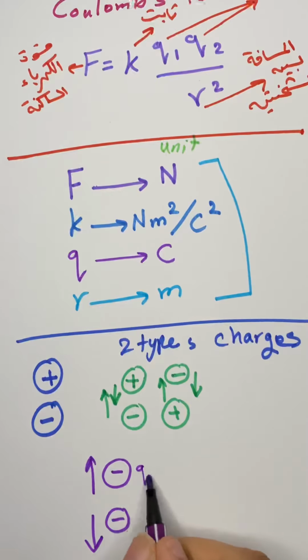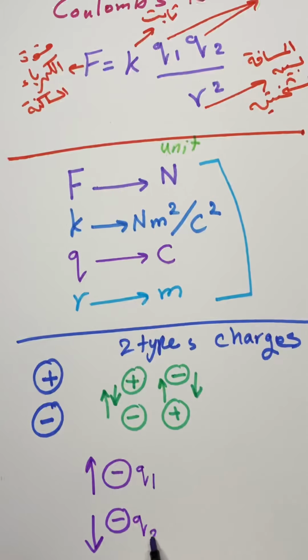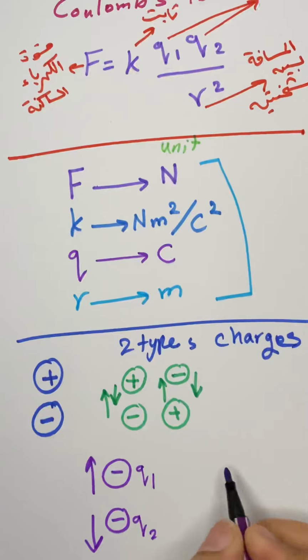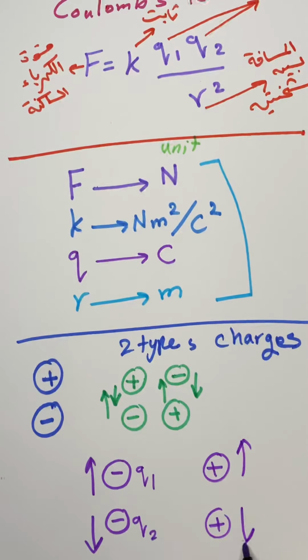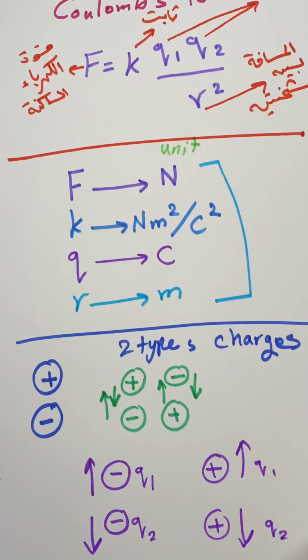So Q1 will be upward, Q2 will be down. Then if I have plus and plus, same thing, they will repel each other. For example, Q1, Q2. If I am asked to determine the direction of the force that Q2 exerts on Q1, then the force will be upward. Why upward? You're saying that Q2 is going downward.